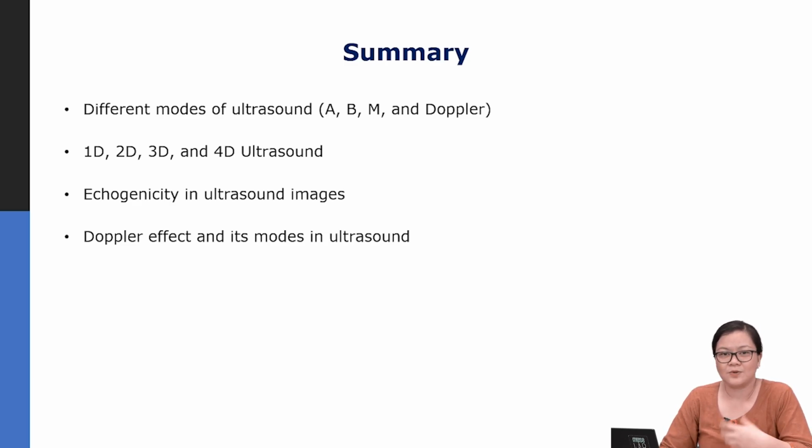We talked about echogenicity, how to characterize the images as having structures that are more hyperechoic, hypoechoic, and isoechoic. And finally, we had an overview of the Doppler effect as well as the different Doppler modes that are used in ultrasound. And in a subsequent lecture, we will talk about Doppler ultrasound in more detail.